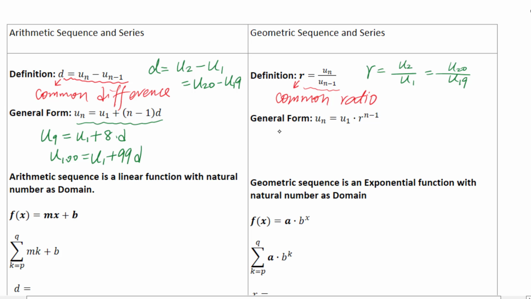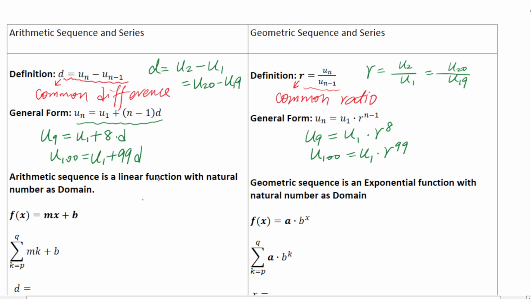For geometric sequence, u sub n equals u sub 1 times r to the n minus 1th power. For u sub 9, I can write down u sub 1 times r to the 8th power. For u sub 100, I can write down u sub 1 times r to the 99th power.